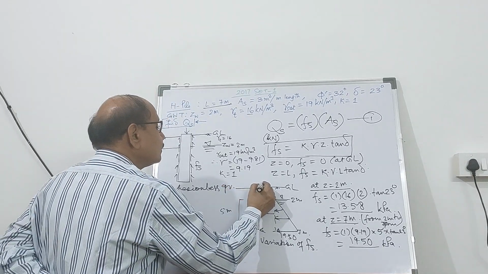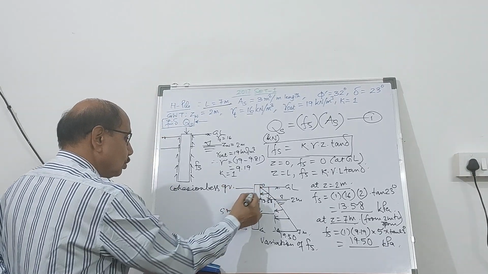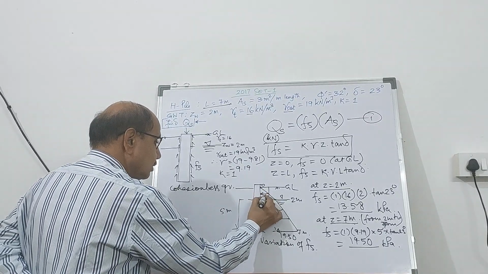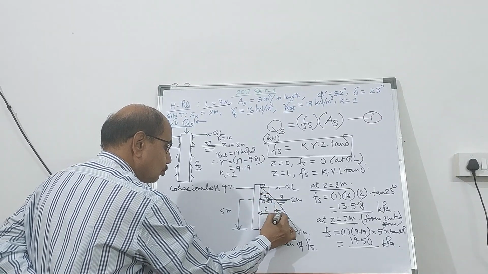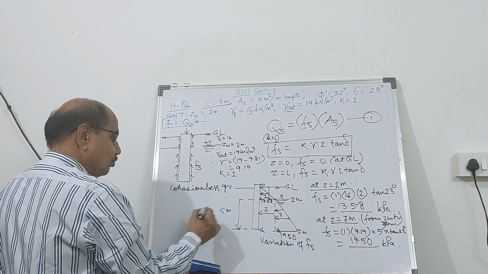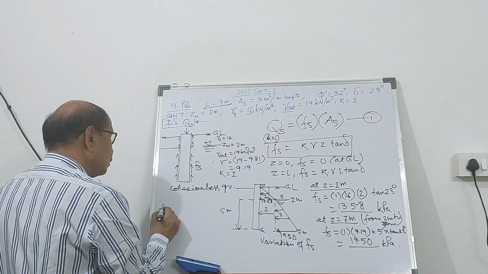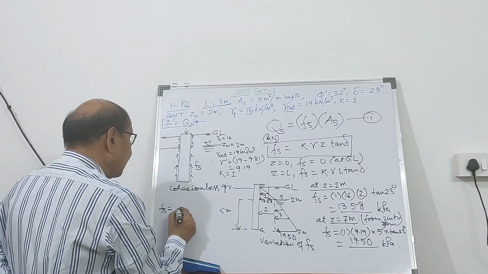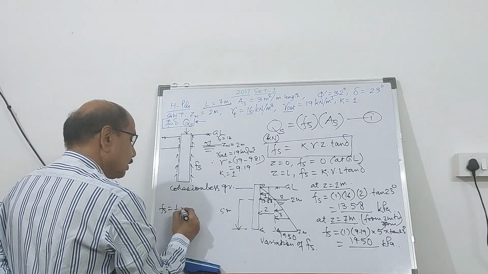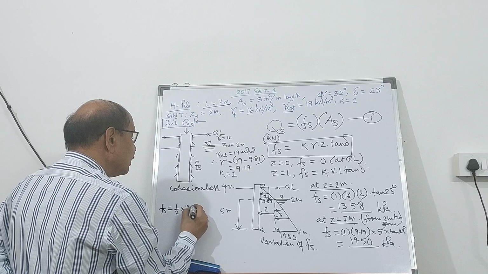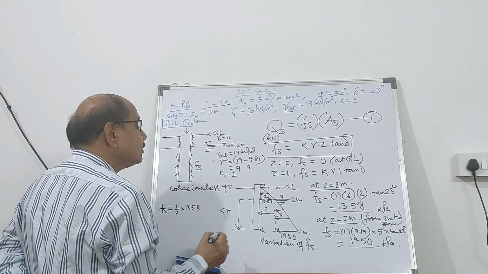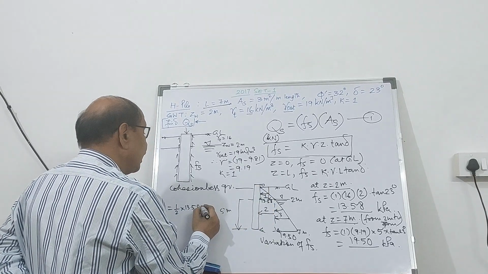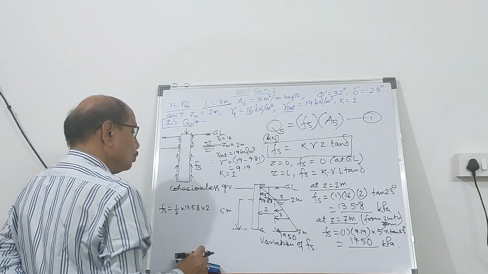Here it is 0. So for part 1, let us say this is part 2 and this is part 3. So we can calculate Fs now. For the first part, it will be half into 13.58 multiplied by 2.